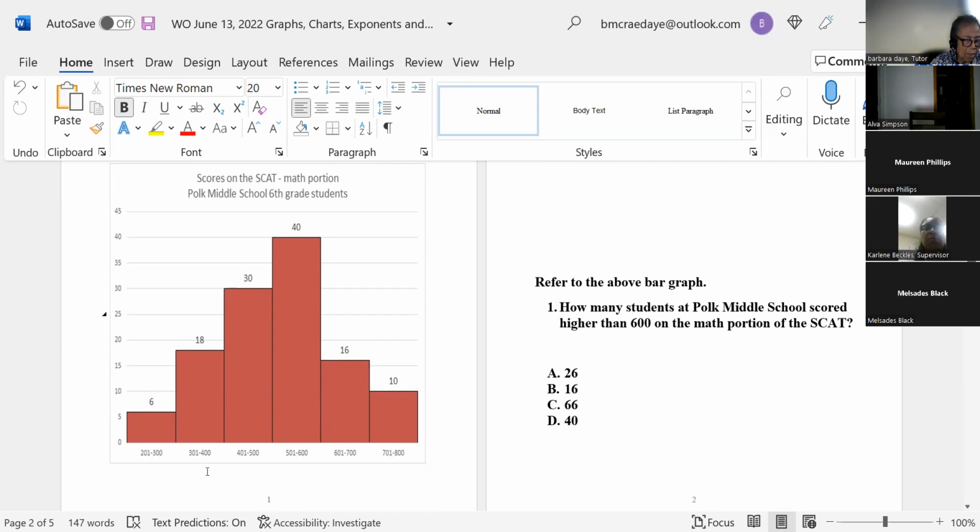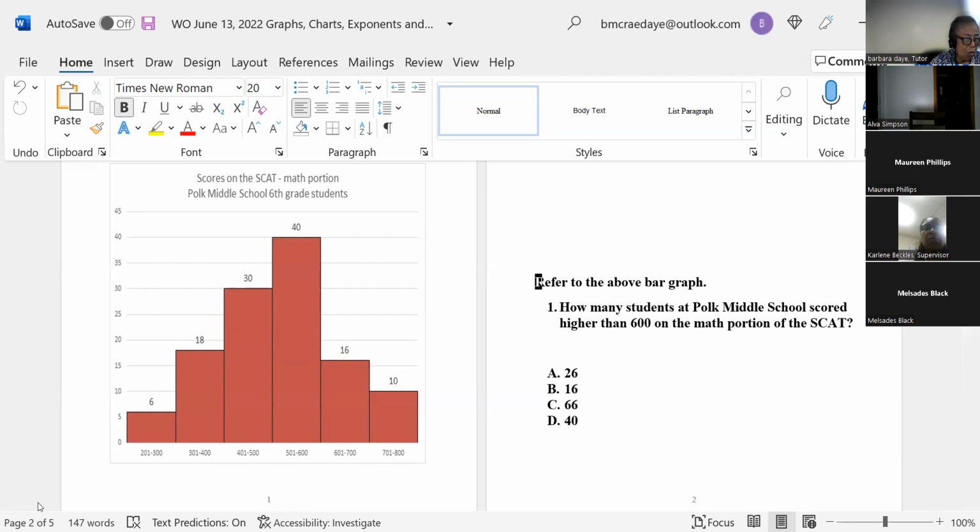These are ranges of SCAT scores, because they have a low and high number in each of them. Yes, because they are ranges. 201 low and 300 high. 401 to 500, low 401, high 500.